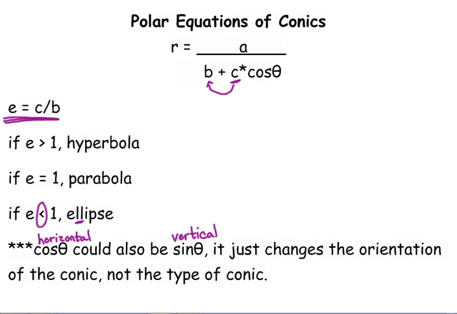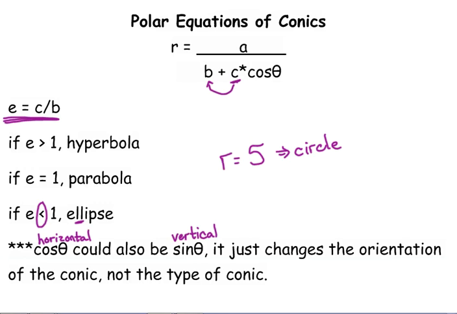Now, I don't have circle on the list. The reason why I don't have circle on the list is because think about the equation of a circle in polar form. We did those. Typically, they were just R is equal to some constant. So like R was equal to 5, that's a circle.